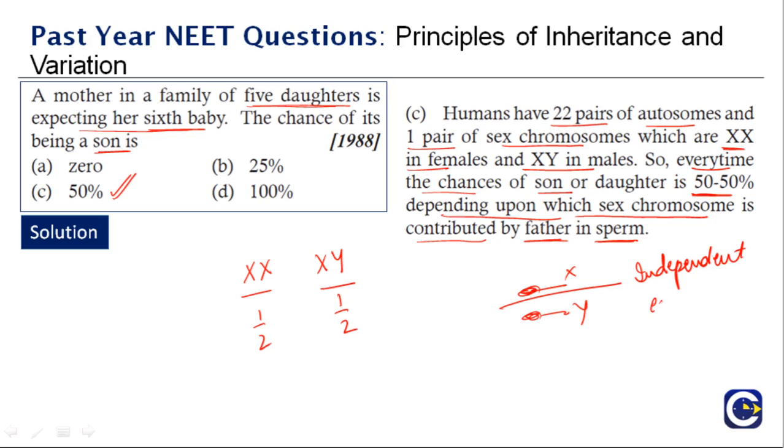It doesn't matter if a person has 5 girls or 5 boys, even if the 6th child is there, the chances are 50%. So the right option is C. Don't get confused in such questions and start doing some random calculations.